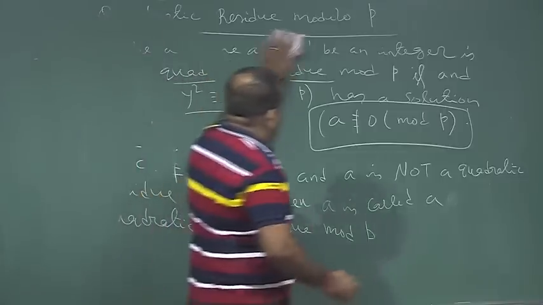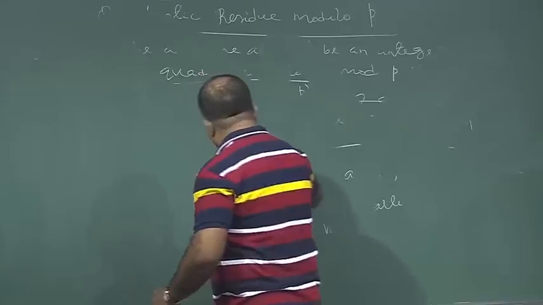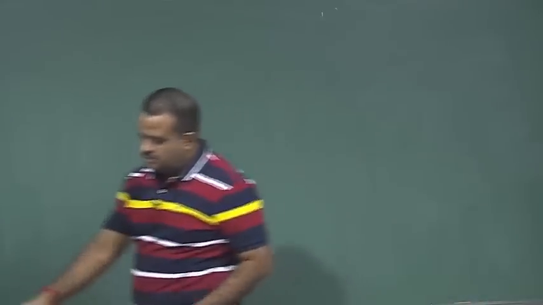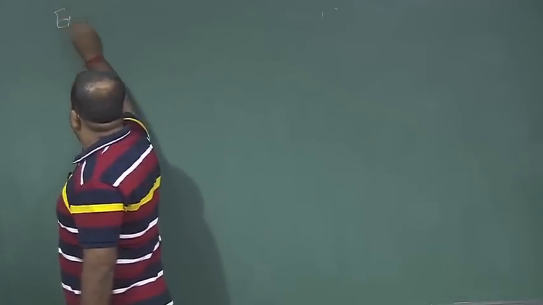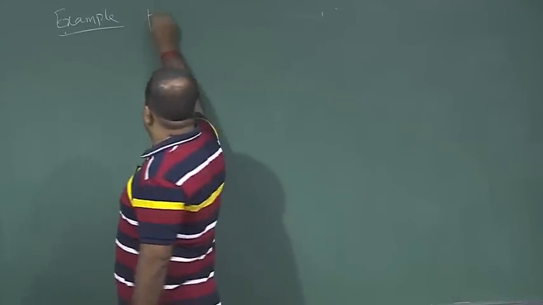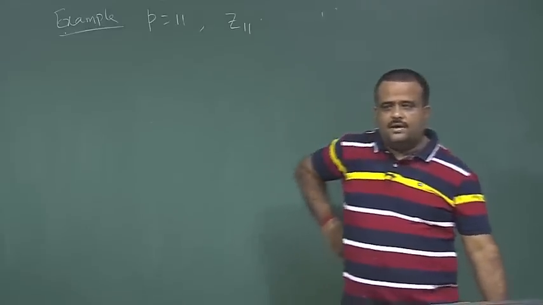Suppose we take a prime number p, say p equal to 11. There are many cryptographic algorithms which are based on quadratic residues, so this has good importance in cryptographic protocols. So let us take p to be 11, so we are in Z_11, talking about quadratic residues under mod 11.